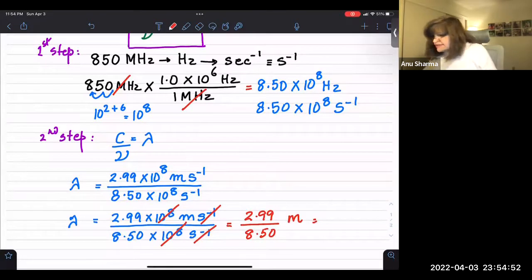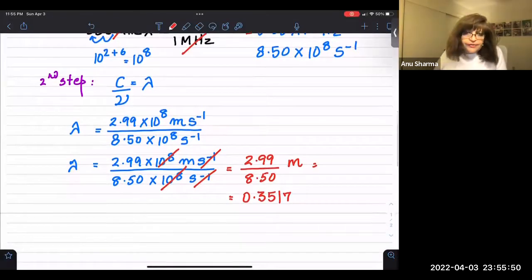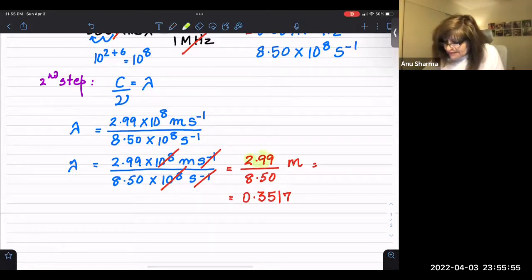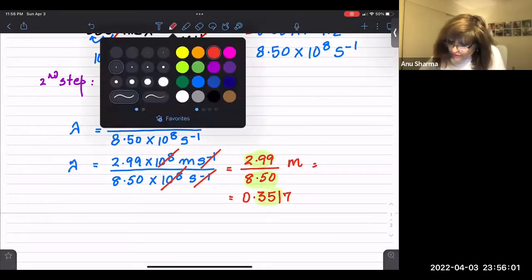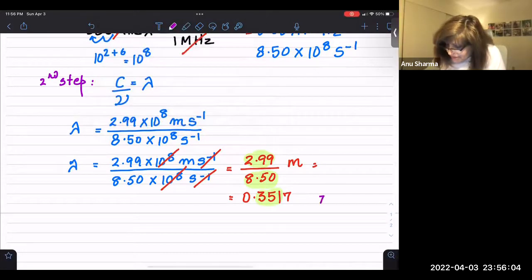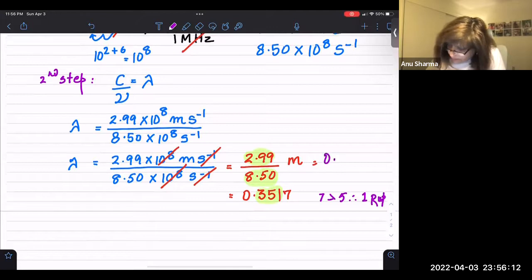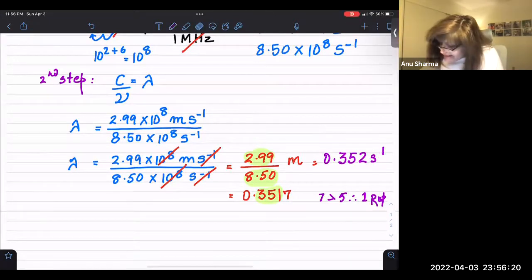Let's finish this calculation. This comes out to be 0.3517. As you can see, there are three significant figures here, so our answer should have three significant figures. And since 7 is more than 5, the 1 is rounded up. So here your answer is 0.352 meters. Sorry, this is in meters. So that's the answer.